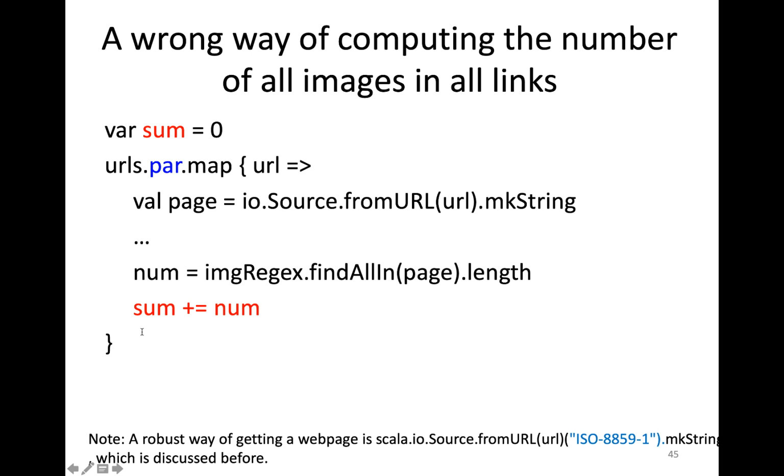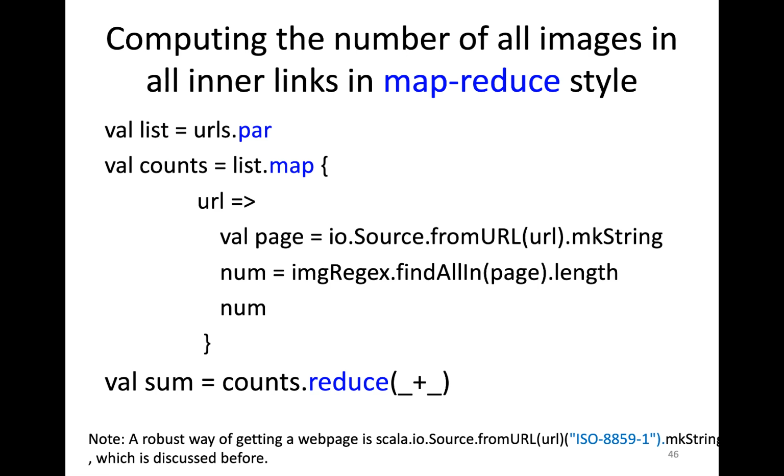there is no locking. The right way of doing the same thing will be to get the parallel collection and then use the map similar as before, and here get the page, get how many images there are like before, right? Remember that image regex is the regular expression of the image, how an image link looks inside an HTML page. We talked about that before.